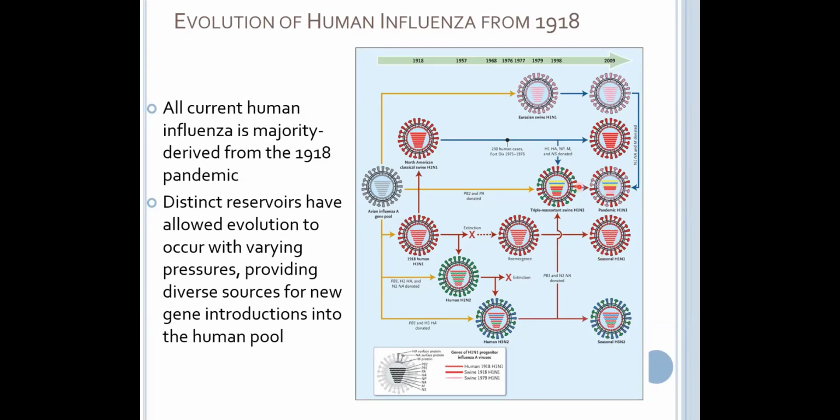Now, in the late 90s, you had this very strange event happen in the Americas somewhere where you generated this virus that we call the triple reassortant virus.